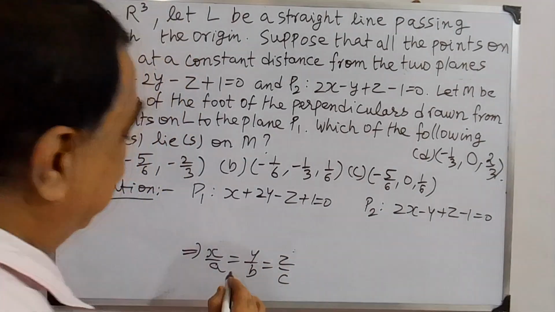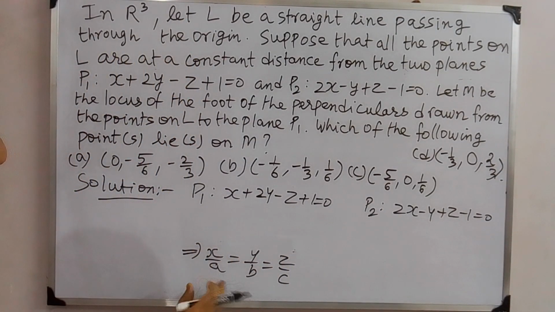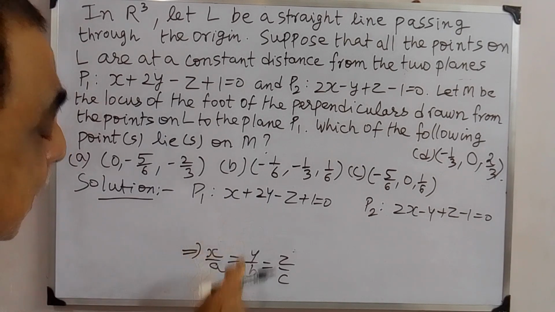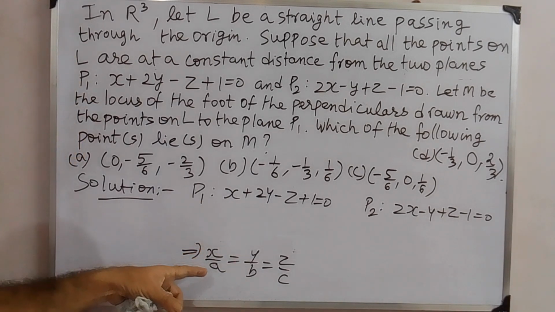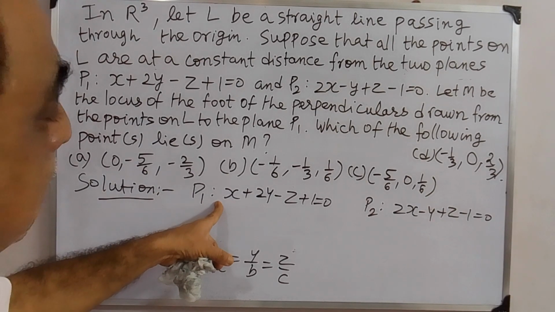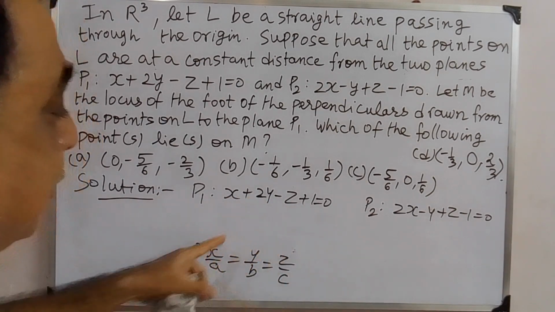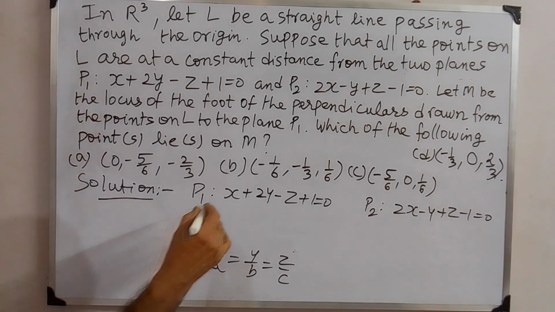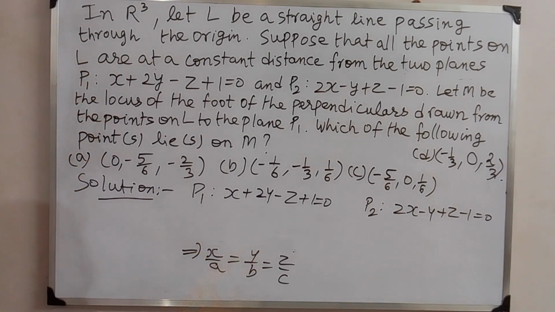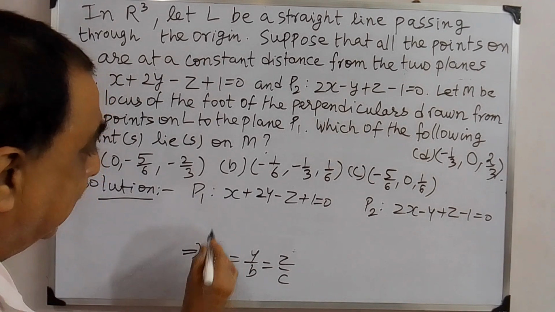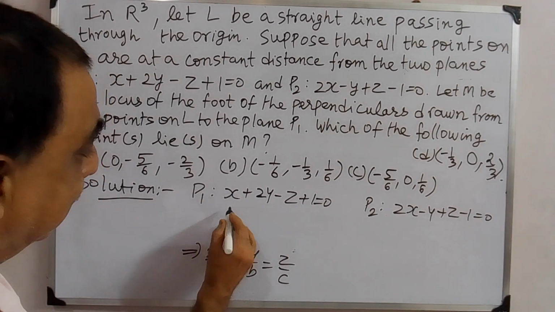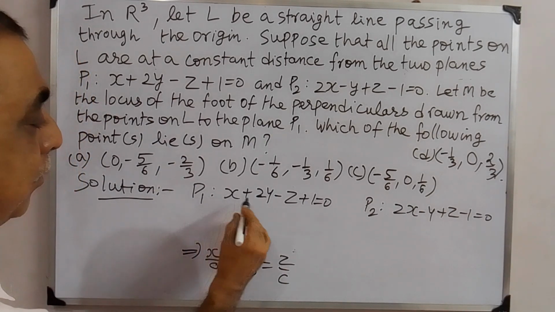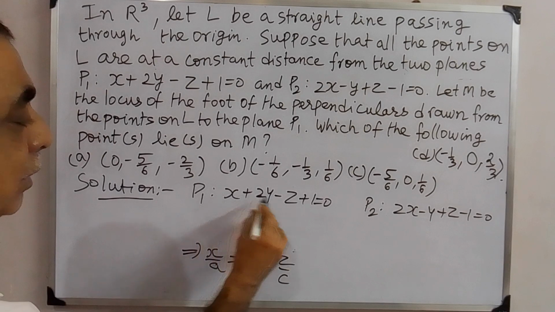This line is parallel to the line passing through the point of intersection, so this line will be perpendicular to the normal of P1. The sum of the product of the direction ratios will be 0. The direction ratios of P1 are 1, 2, minus 1.